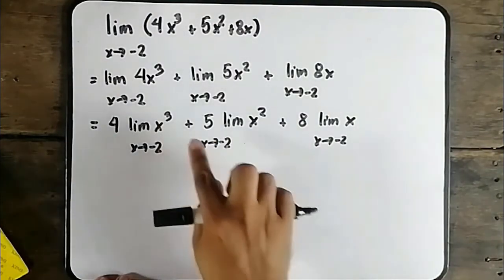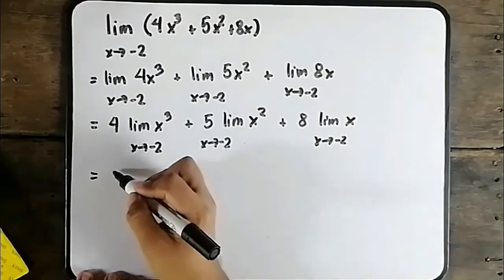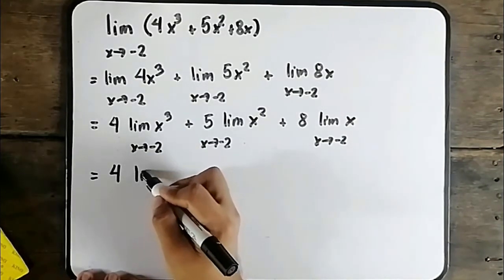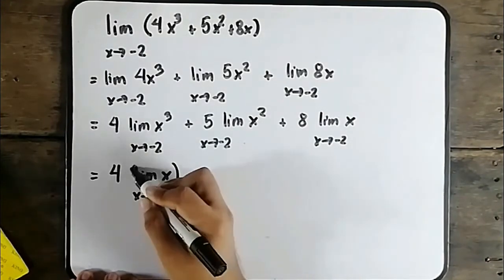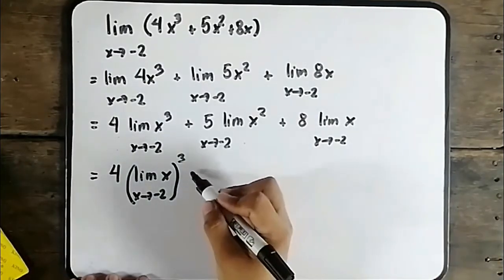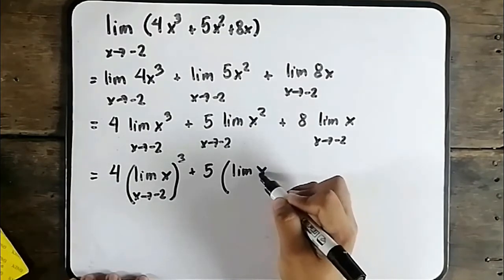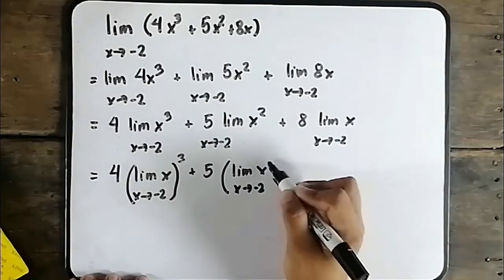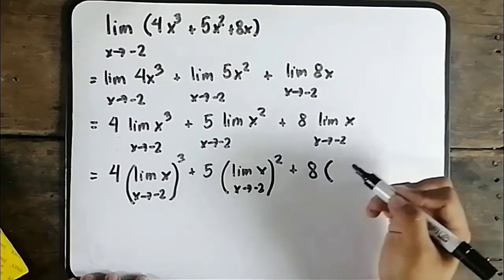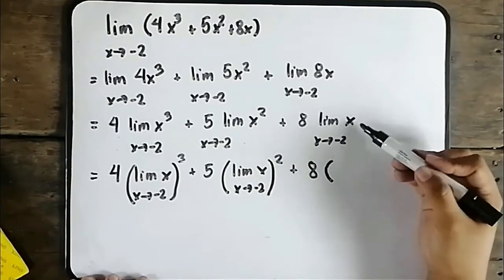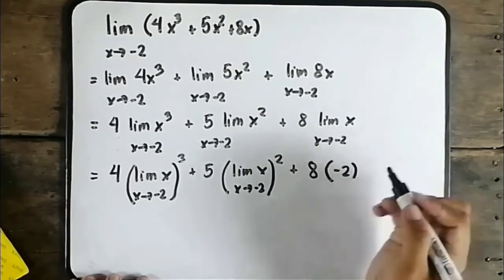Then, since meron tayong cube tsaka squared terms, we can use theorem 8. So 4 times the limit of x as x approaches negative 2, cubed, plus 5 times the limit of x as x approaches negative 2, squared, plus 8 times, ito limit theorem number 3, this is just equal to negative 2.